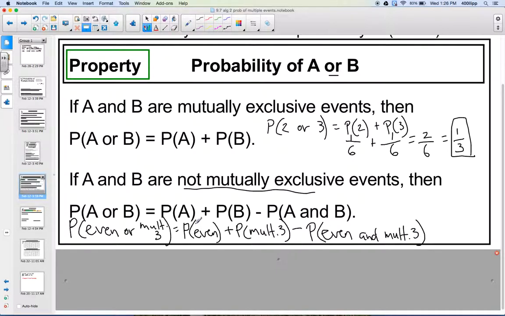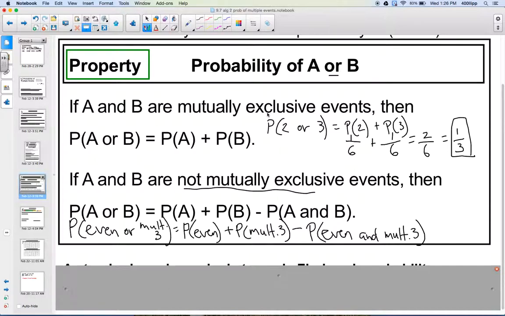So the probability that it is even: the evens are 2, 4, and 6, so that's 3 out of 6. Multiples of 3 are 3 and 6, so that's 2 out of the 6.